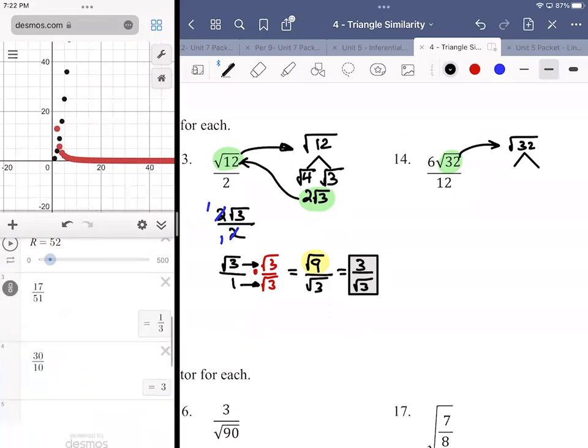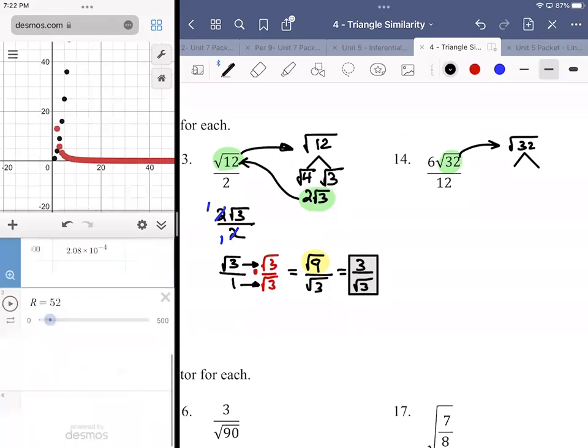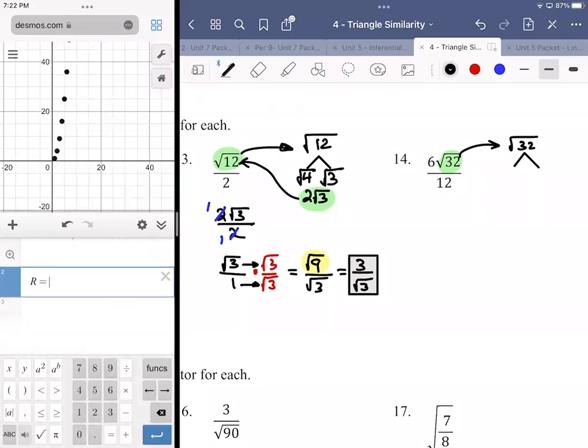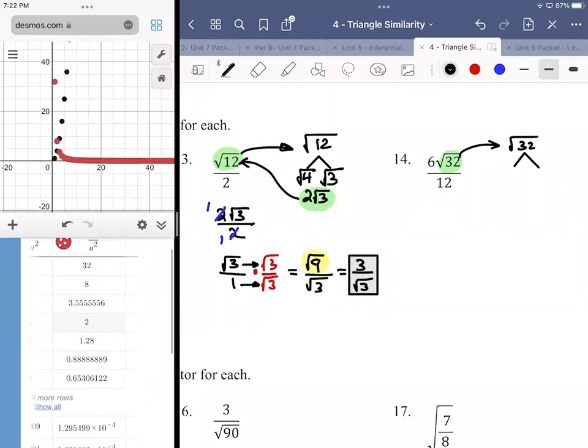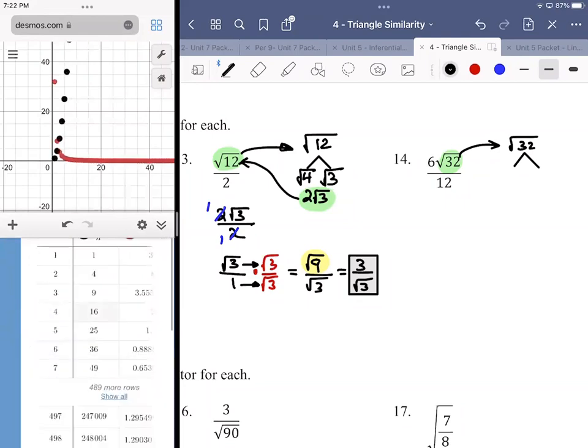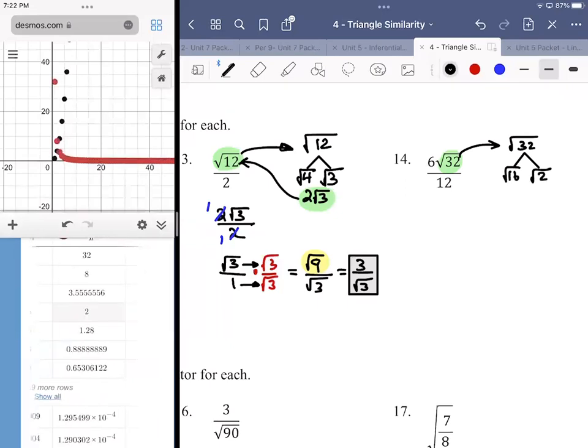The radicand is 32. So I slide my slider to 32 or just type it in. So then I go into my table here and I'm looking for, it hops all over the place in this condensed view, but half of 32 is 16 and that happens to be a perfect square. So then I would look for the counterpart, which is the 2.